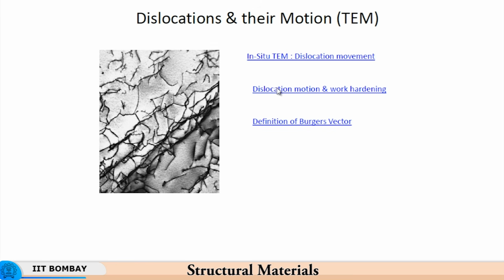So you have defects which are present, you can't live without them. They weaken the material, but then you make sure that the weakening of the material is in some way compensated by the addition of some alloying elements which impede their motion, and therefore you get a higher strength.